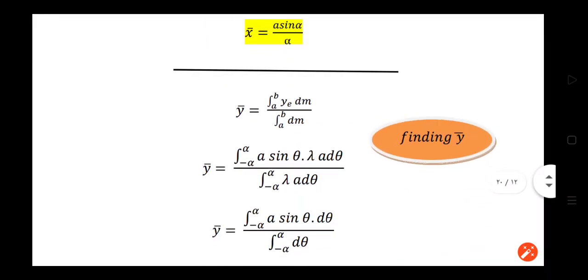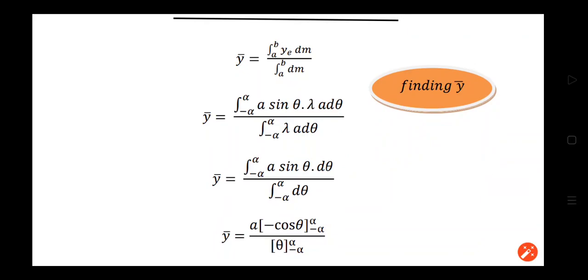To find y bar, y bar equals the integration of y_e dm over the integration of dm. y_e equals a sine theta and dm equals lambda a d theta, over the integration of lambda a d theta.